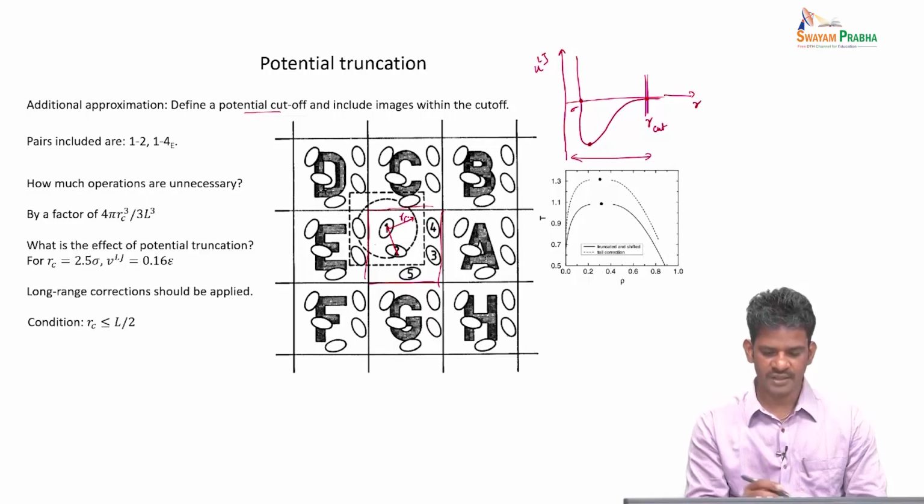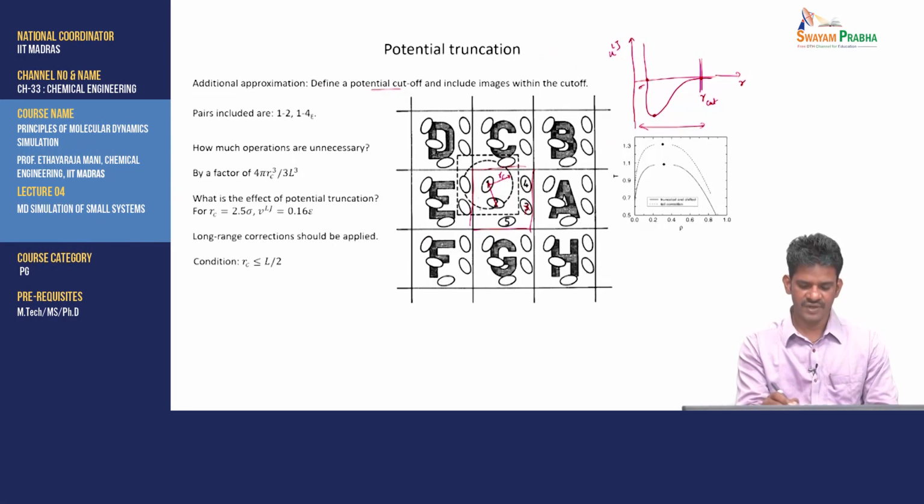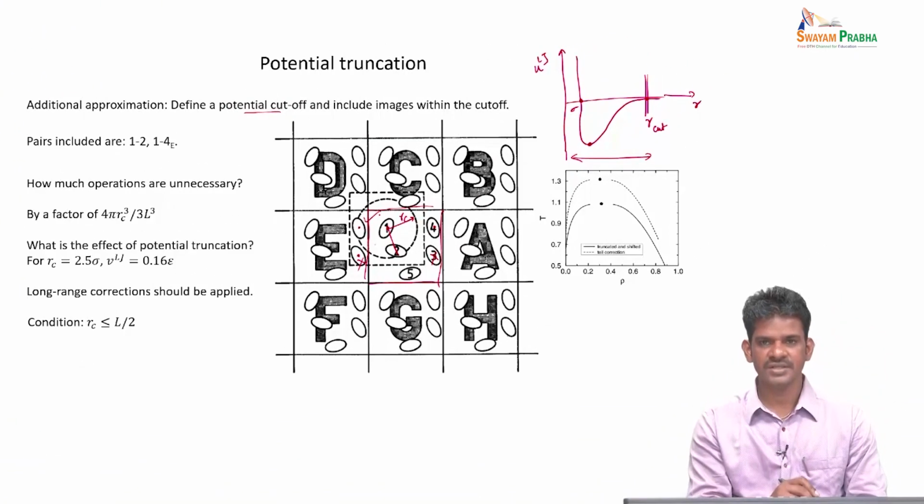Similarly, if you look at 1 and 3, I already said that we are not taking this, but we are taking the periodic image here, but this distance is falling beyond RC, so this will not be counted because of the potential truncation. And if you look at molecule 4, we said its periodic image in box E was considered, and you can see that this is actually falling within the potential cutoff, so we are going to take this interaction.